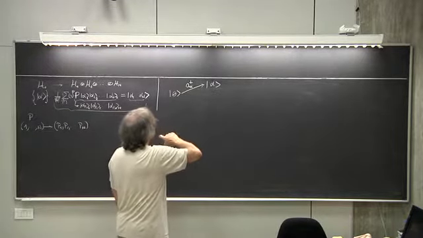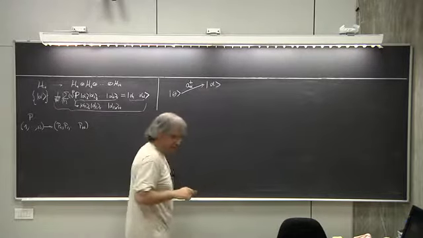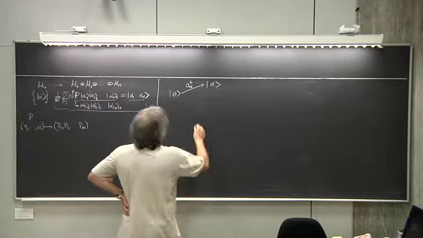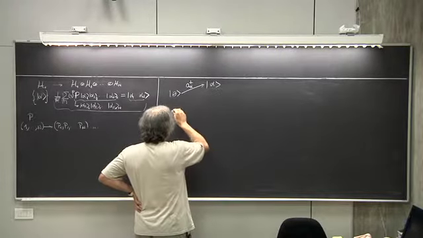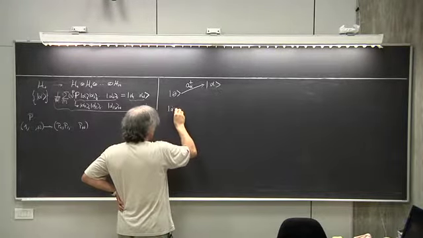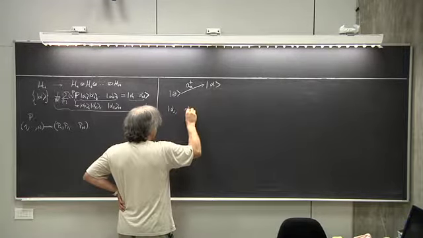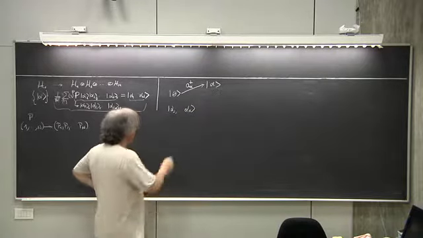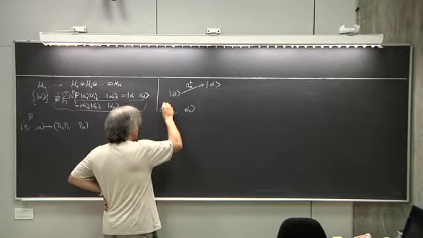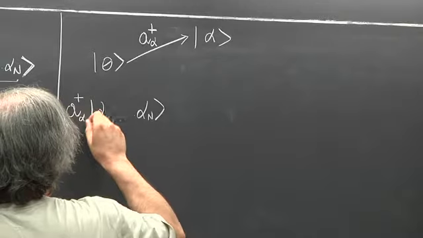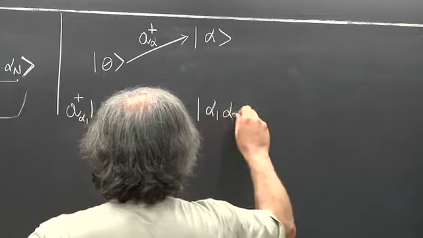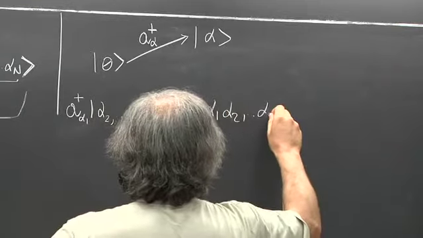But then we said even more. We said A dagger alpha is really the object that allows you to go from a state, say with, for instance, n minus 1 particles like this, okay? If I apply A dagger alpha 1 on this, automatically I get alpha 1, alpha 2, alpha n, okay?